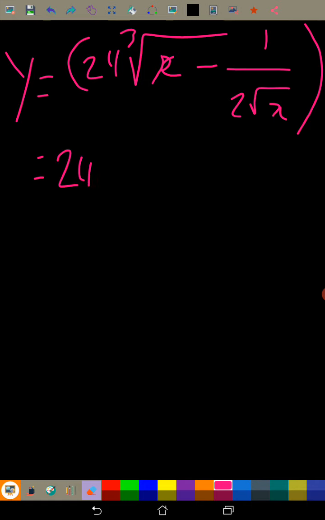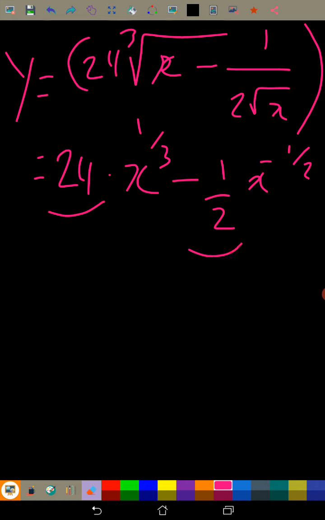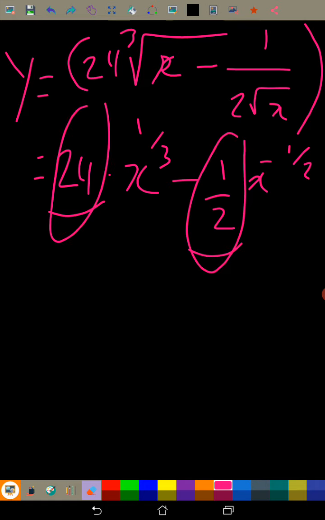We have 24 times x to the power of a third, minus, we have half, and if we put this up, we have minus half. This is something we know. This is a constant, this is a constant, so it's not going to change.